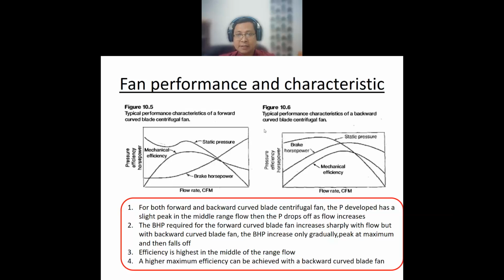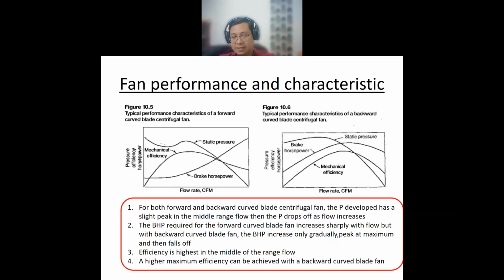Let's say this one is for static pressure, the brake power is supposed to be here, and the mechanical work is here. So maybe we can meet here. All the performance will be good in the 50% condition, around 50%, not more than 70.